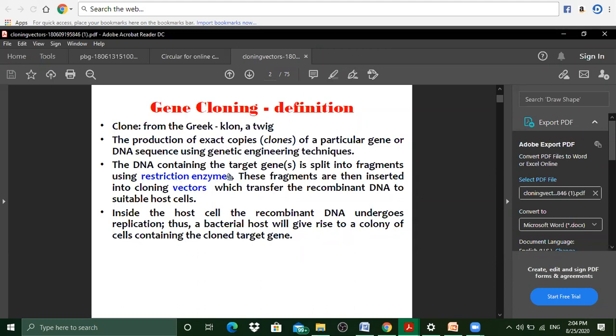So the DNA containing the target genes is split into fragments using restriction enzymes, and these fragments are then inserted into the cloning vectors. So you will be fragmenting the DNA using restriction enzyme. We all know very well by now what restriction enzymes are, and these fragments are then inserted into cloning vectors.